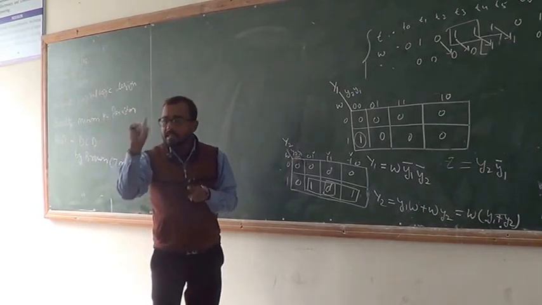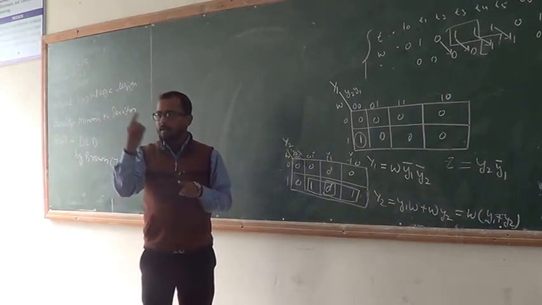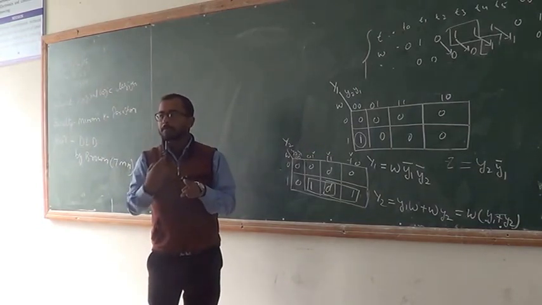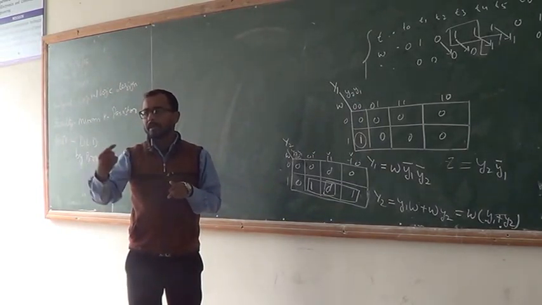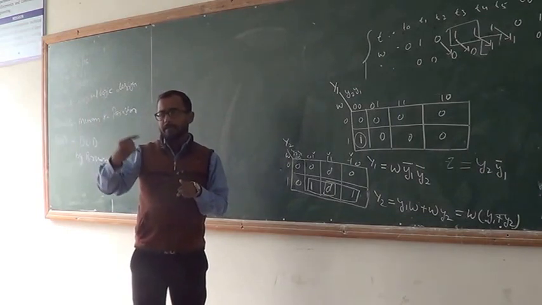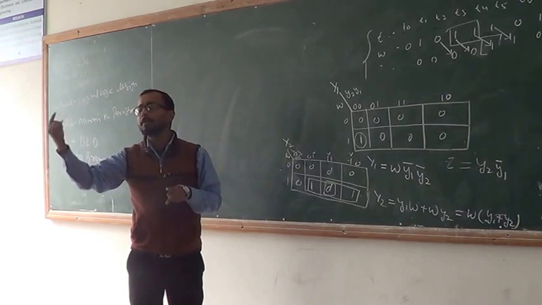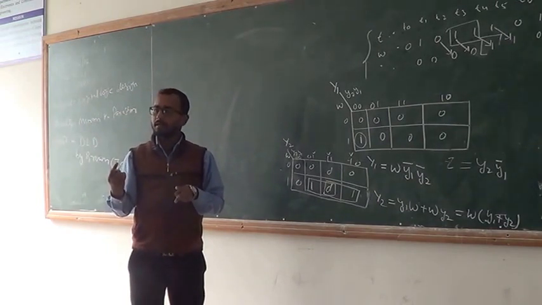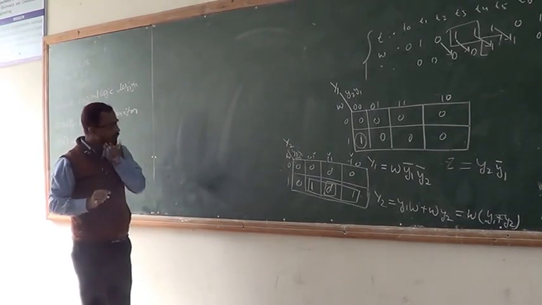If you have a single next state, how many flip-flops? Single. That means the number of flip-flops depends upon the number of next states. If the number of next states is n, then the number of flip-flops used is n. Okay? Understand? Now, comes to design.